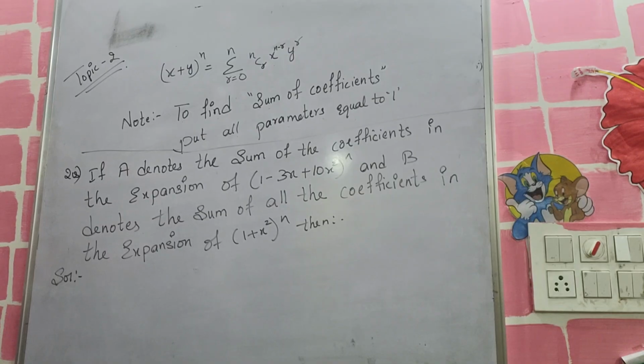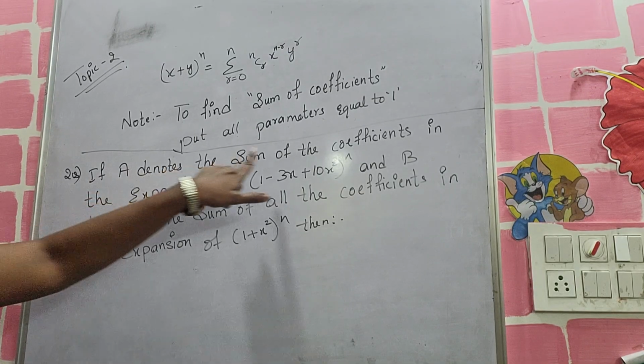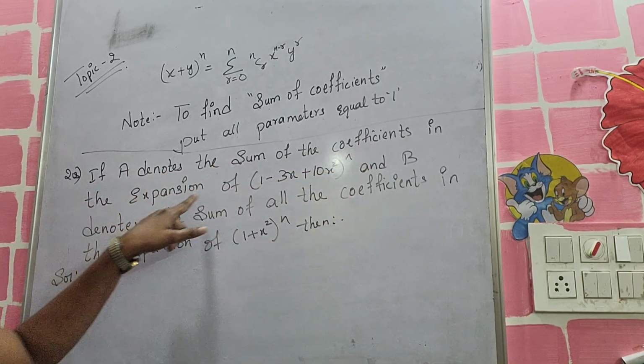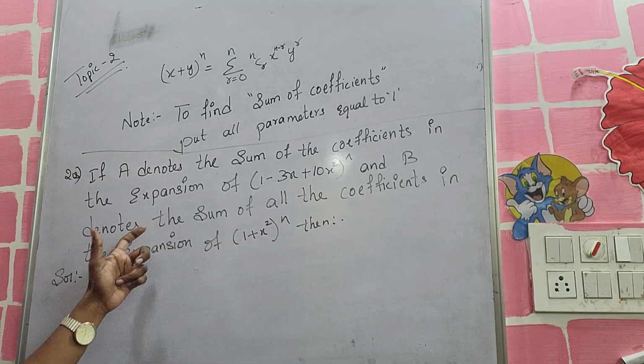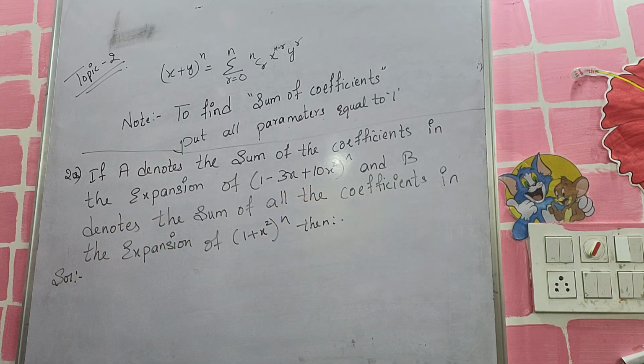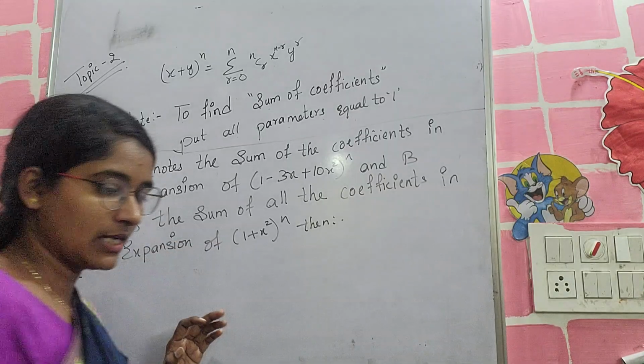So here is a question. If a denotes the sum of all the coefficients in the expansion of this, and b denotes the sum of all the coefficients in the expansion of this. So then what is the relation, is what they were asking us.